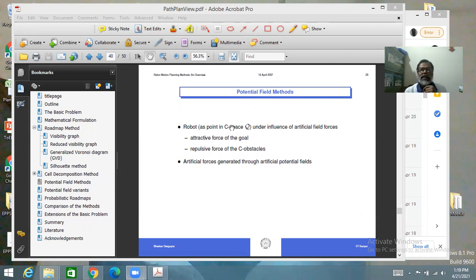Okay, and by designing or devising such artificial potential fields, you develop artificial forces which you can calculate. Actually, such forces will not operate on the robot, but with these potentials, you can work out their field intensities, and based on that, you can work out artificial field forces, which will make the robot navigate through the free space up to the goal point. Okay.